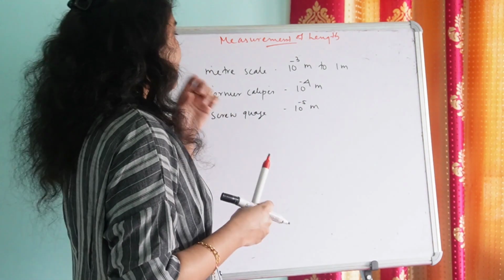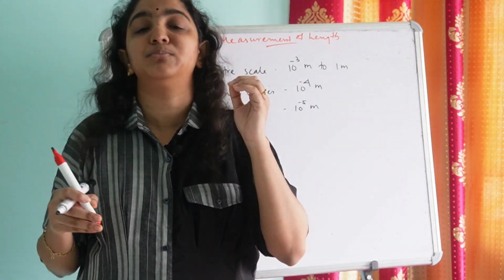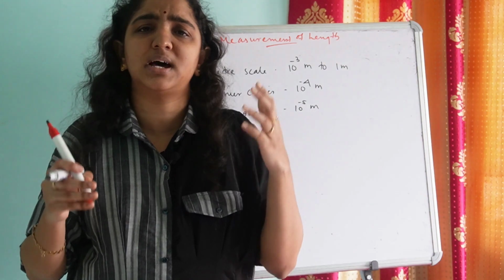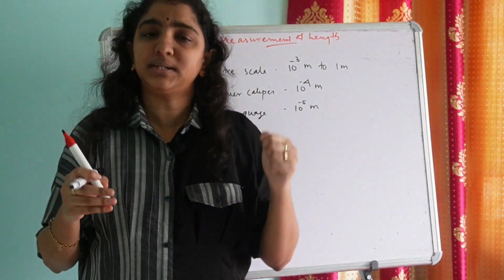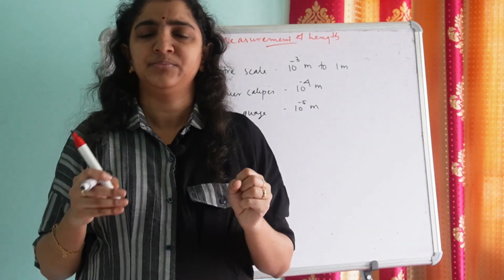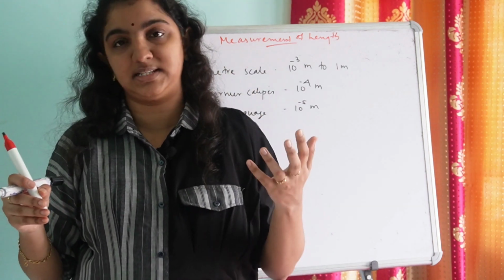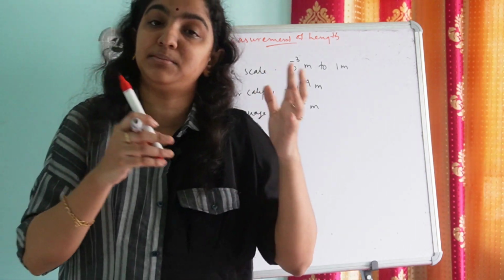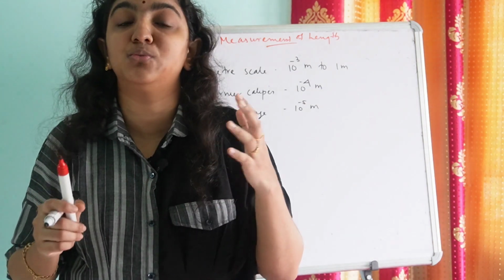But even if we have so many instruments to measure lengths, these instruments are not sufficient to measure all the lengths in the universe. Sometimes we may have to measure extremely small distances, and at other times extremely large distances.